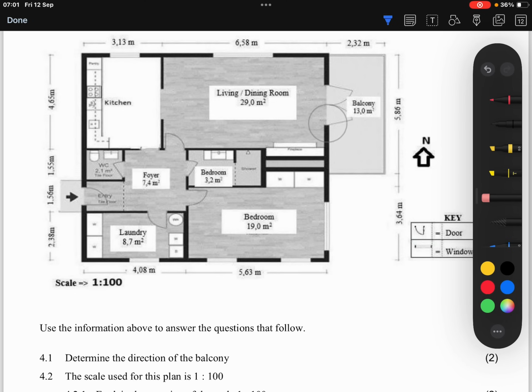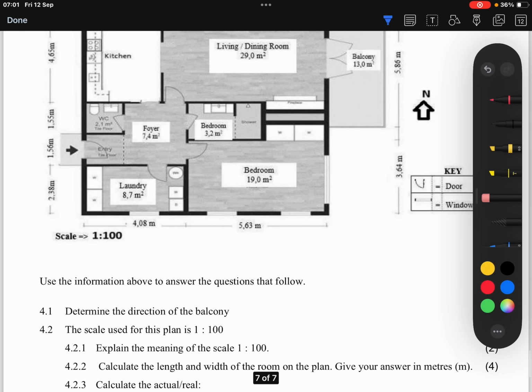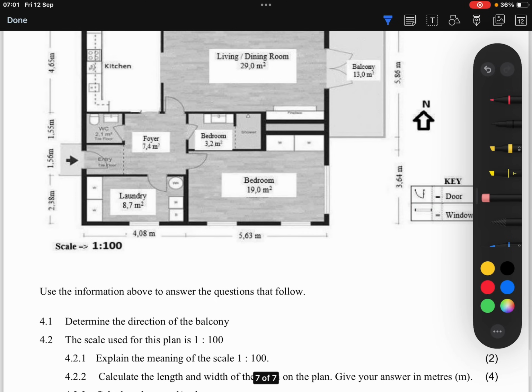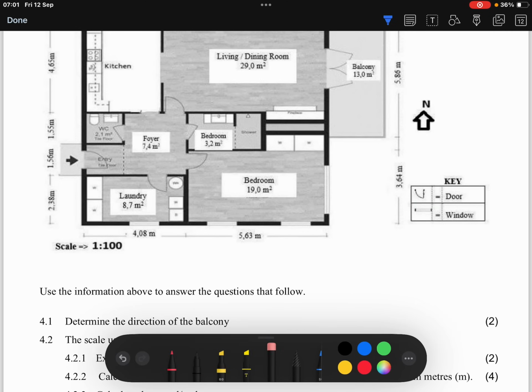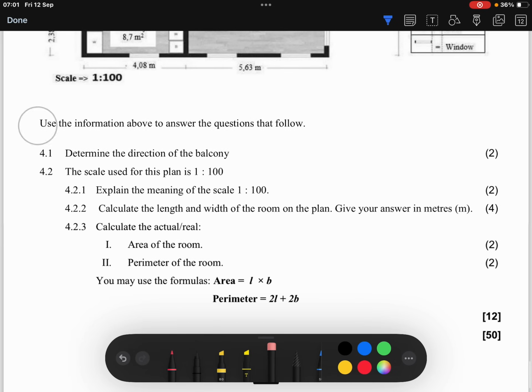This is a two door, not a sliding door, right? And the scale we're given there, the ratio scale, is 1:100. And here's the key, guys: you can see the windows and the doors there. Use the information to answer the following questions.